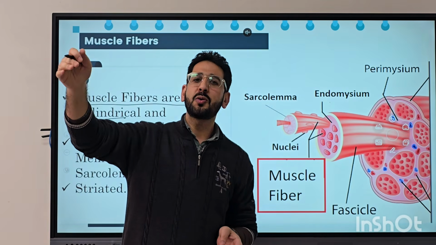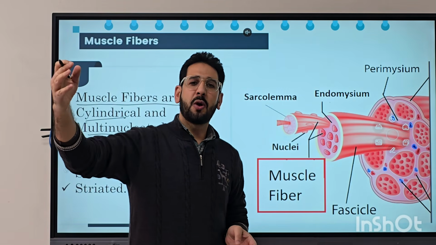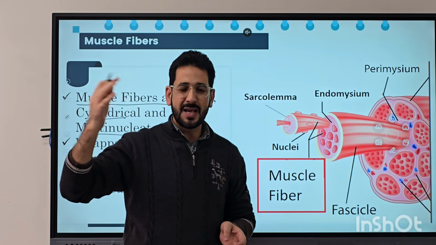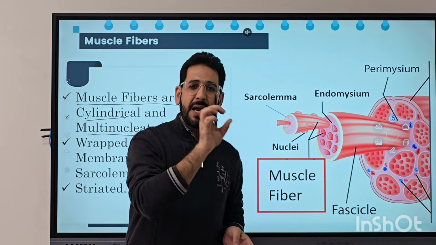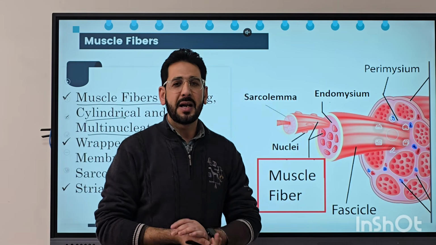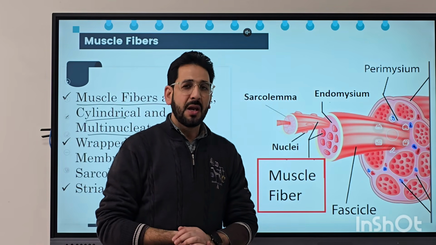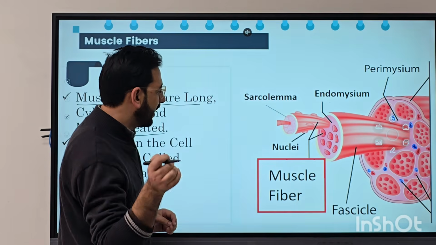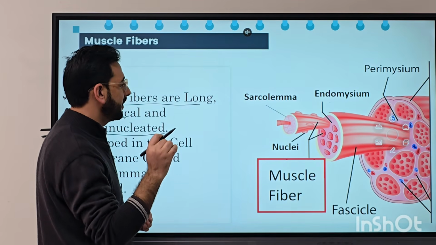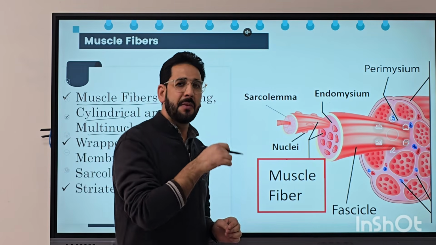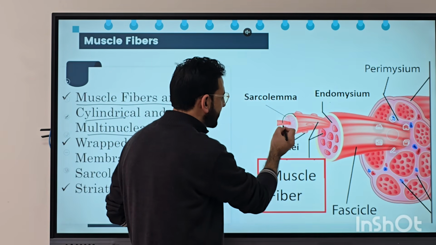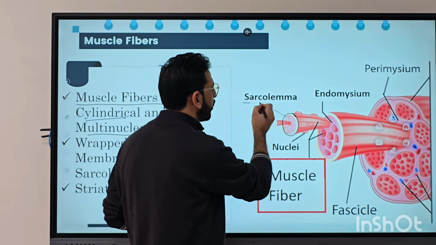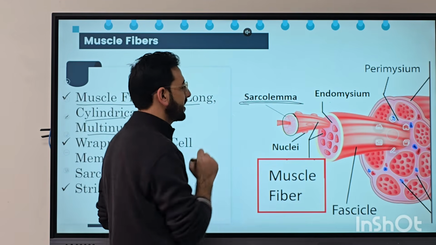We have to be involved in the formation of proteins all over the muscle cell, so one nucleus was not going to be enough. So we have multiple nuclei present in the muscle cell. Now, this muscle cell or muscle fiber has a cell membrane, and as I've already told you, that cell membrane is called sarcolemma.